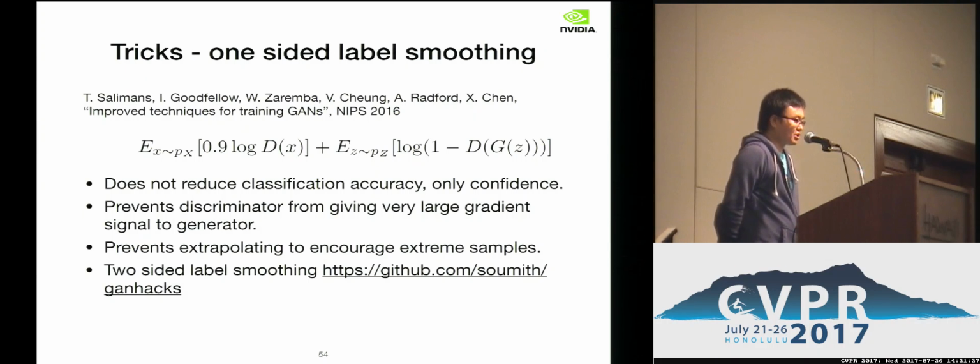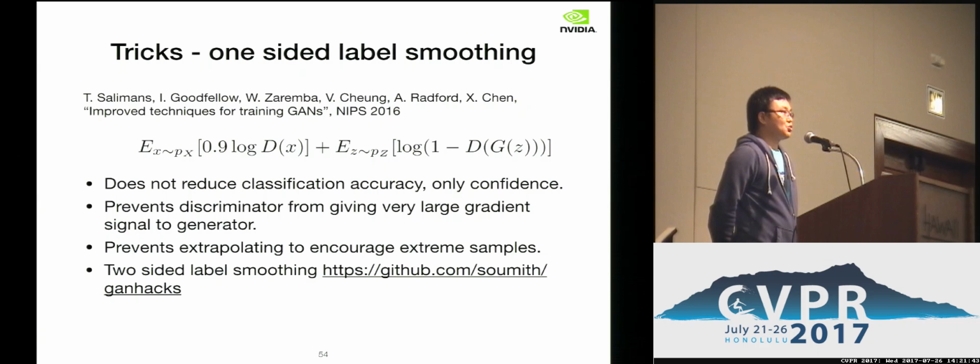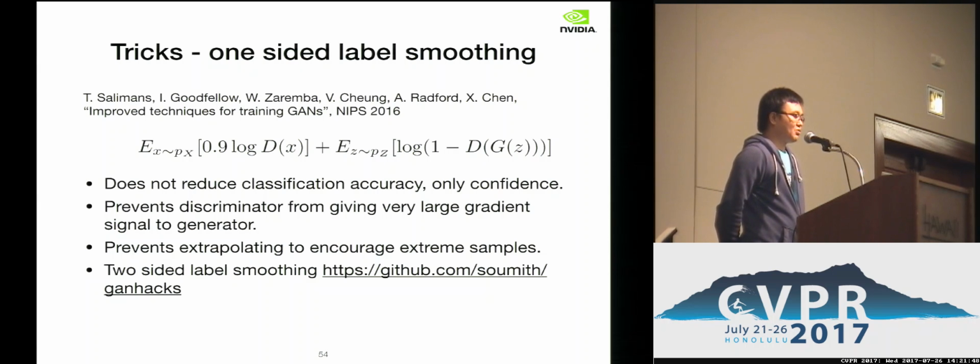One trick people use is called one-sided label smoothing. It was used in the improved GAN paper from OpenAI, published in NIPS last year. So what it does is that instead of assigning a probability of 1 to the true label, it tries to make the discriminator less certain about its prediction.